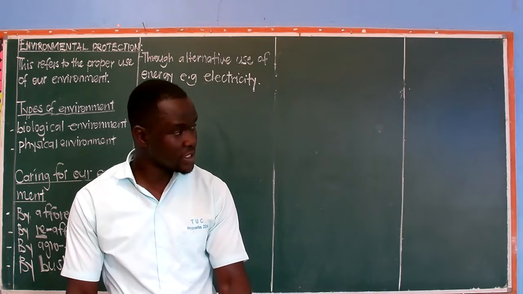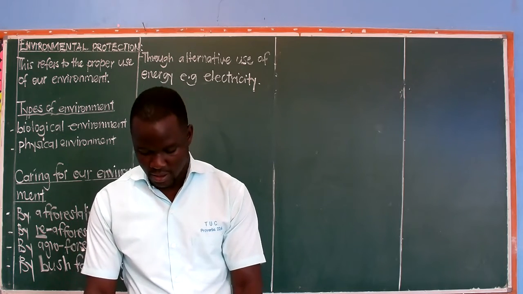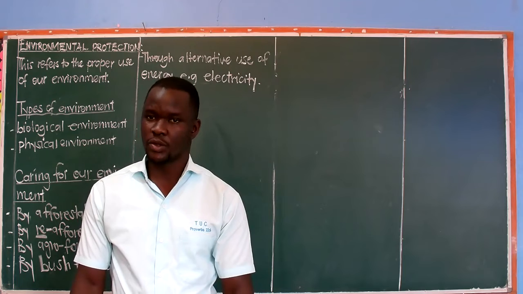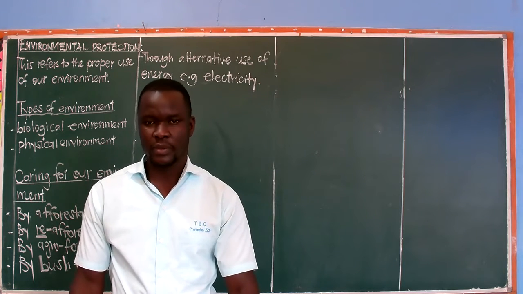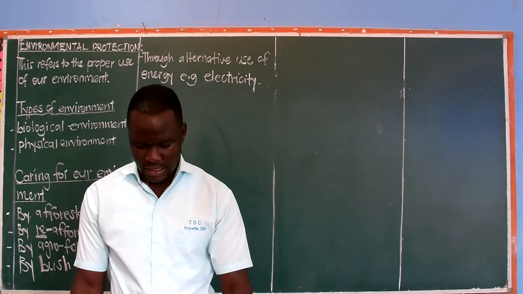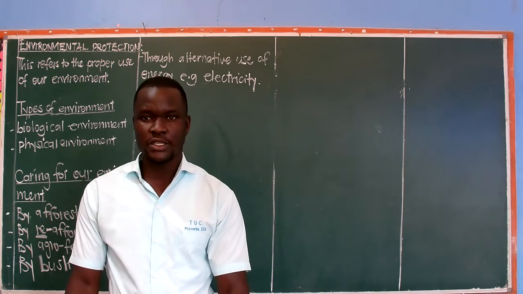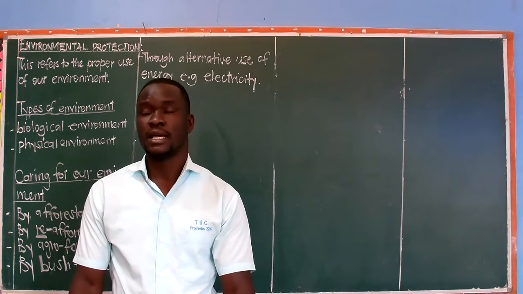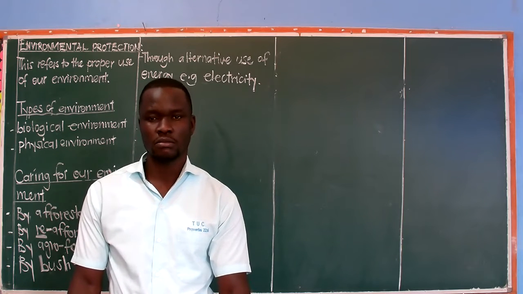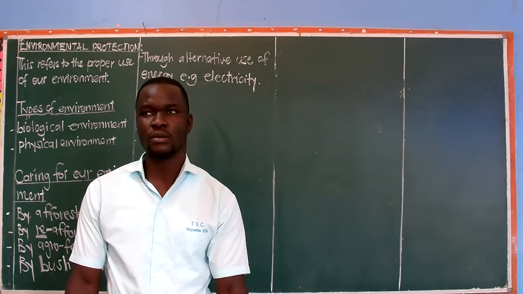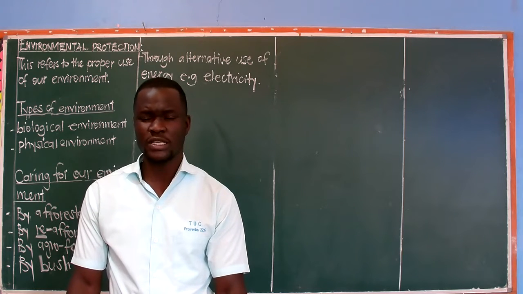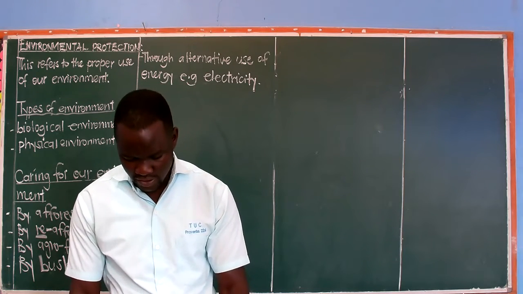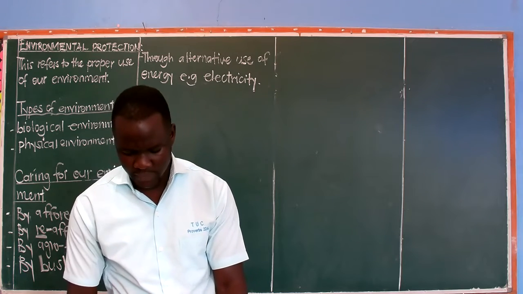The dangers of using wood fuel: one, it leads to constant cutting down of trees to get more, and this will affect the environment. Number two, it leads to air pollution. Like I said, you find smoke, even when they are making the charcoal, smoke, even when we are using the charcoal, smoke, and when we are using firewood, it's worse. So environmental pollution comes in.